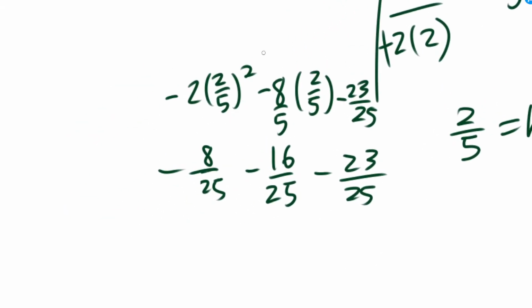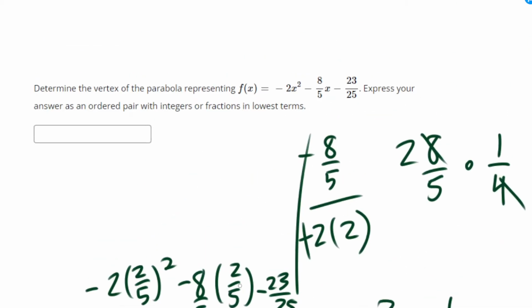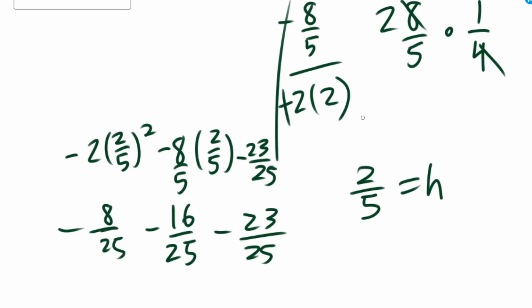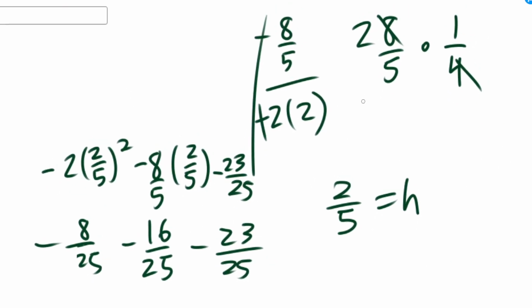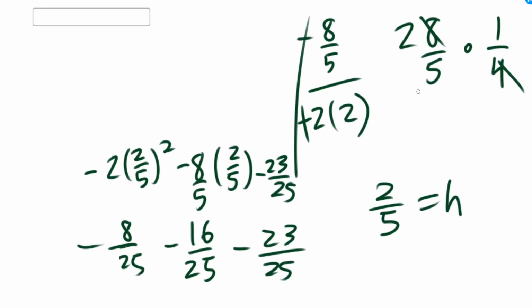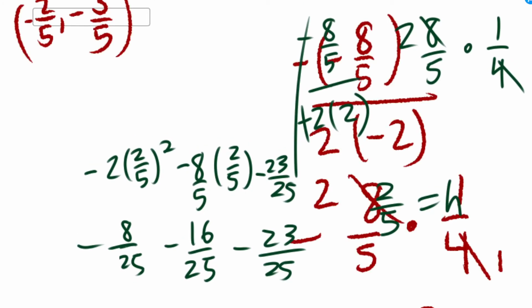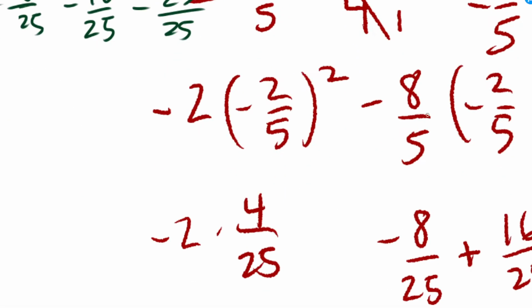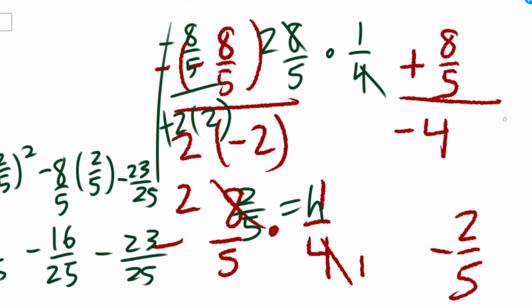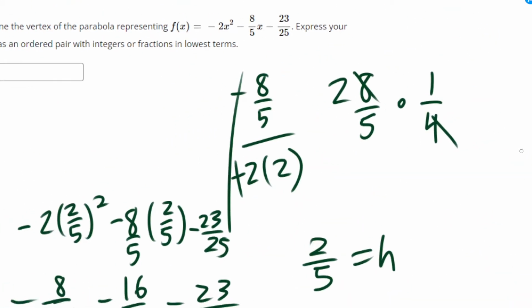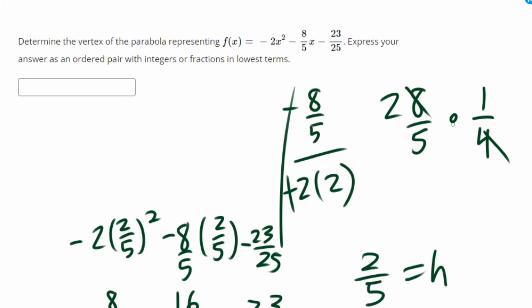So 2/5 times 2, and it's -2, -8/5, 2/5. How did I get 3/5? Hold on. Somehow I got -2/5, and I think that's probably right. Let me retry. Oh, okay, yes.